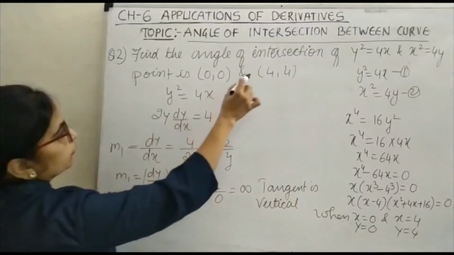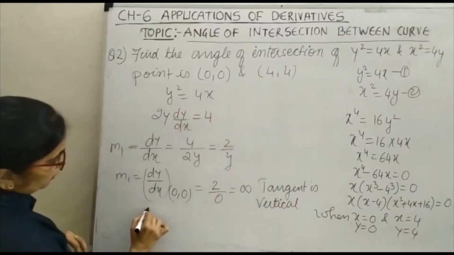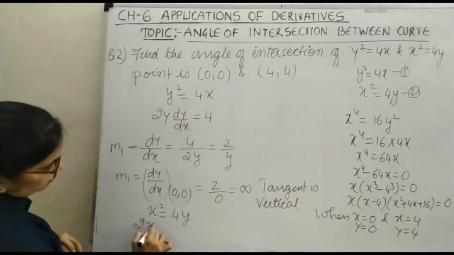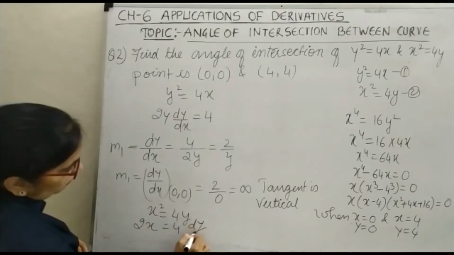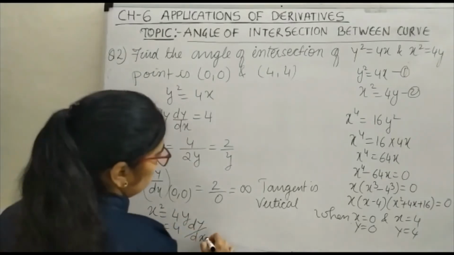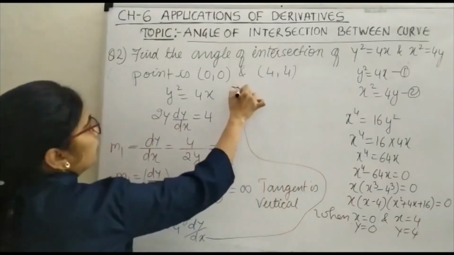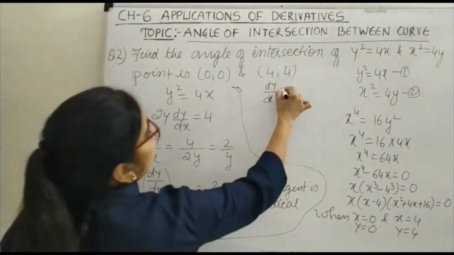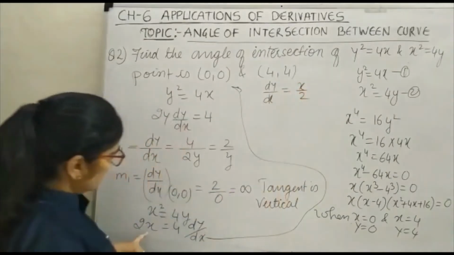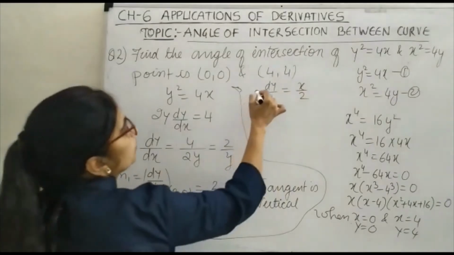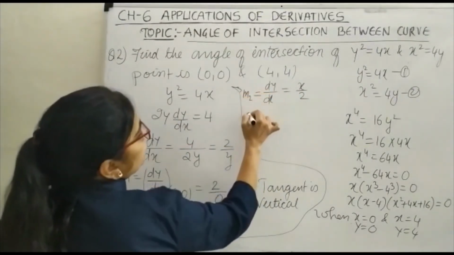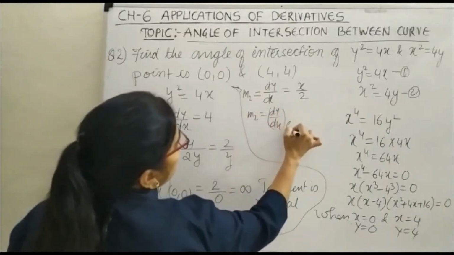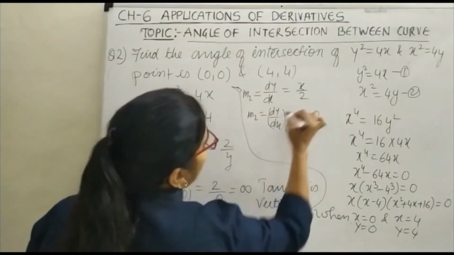Next, again differentiate the second equation. x square is equal to 4y, that is 2x is equal to 4 dy by dx. Now dy upon dx will be equal to x upon 2. You can see 2x upon 4 is x upon 2. This can be taken as m2. So your m2, that is dy by dx, at 0, 0 is equal to 0.